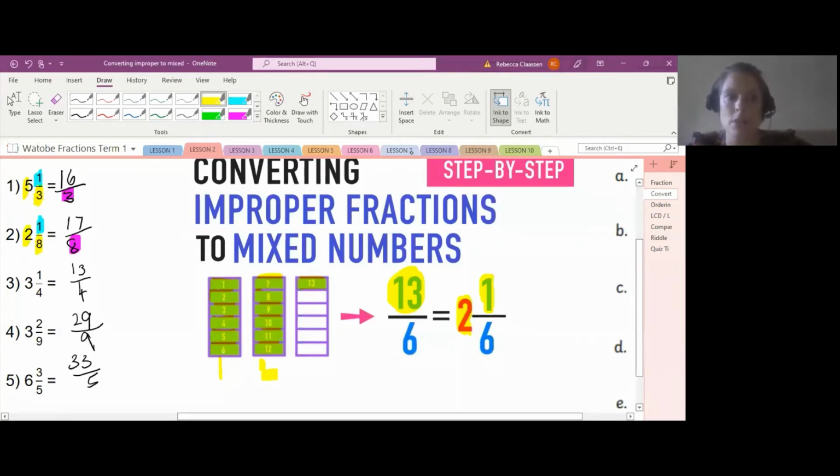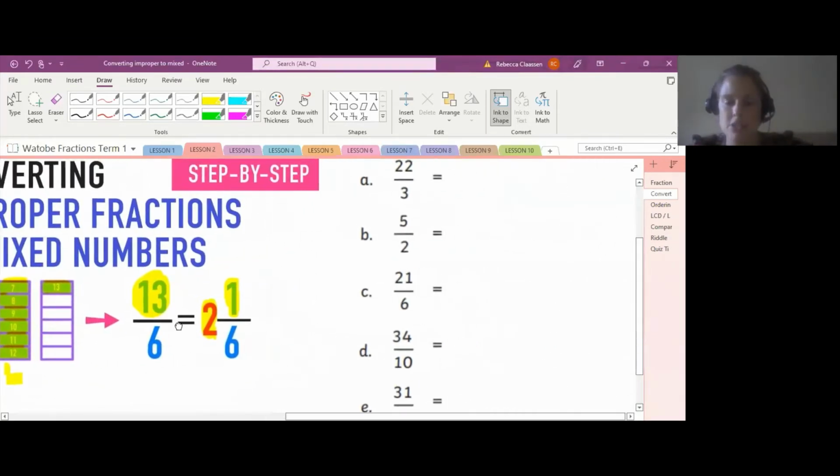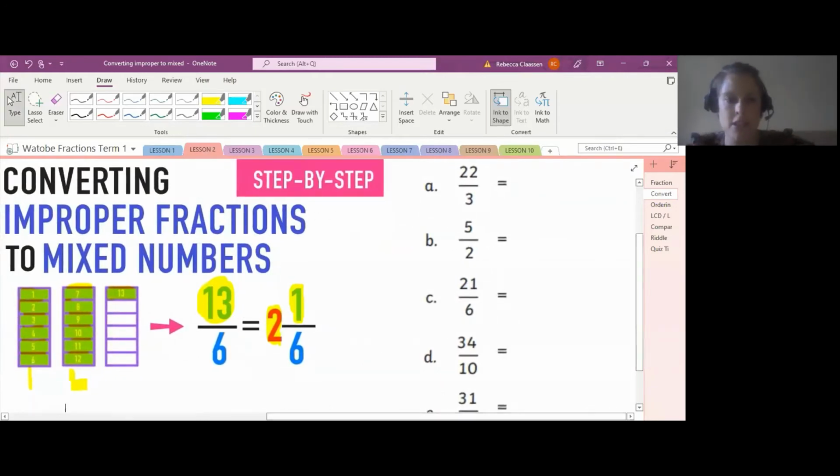So let's go up and let's drag. I'm going to leave the example one there so you can see it. Remember, we're going to divide. So numerator divided by denominator. So 22 divided by 3.